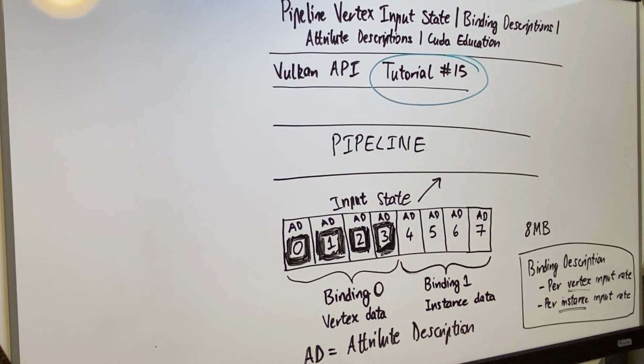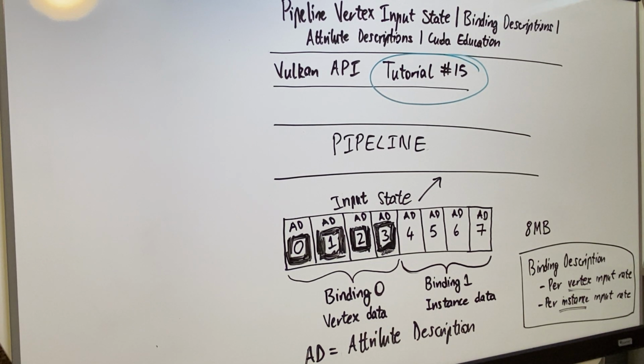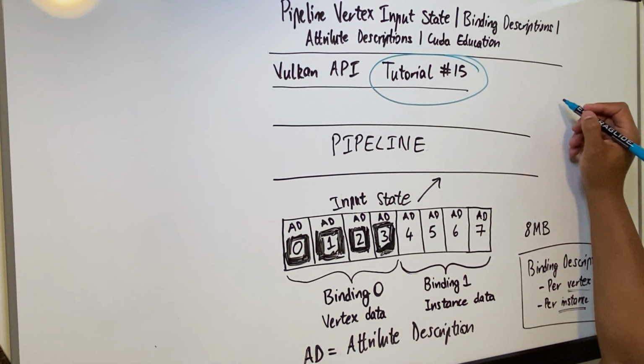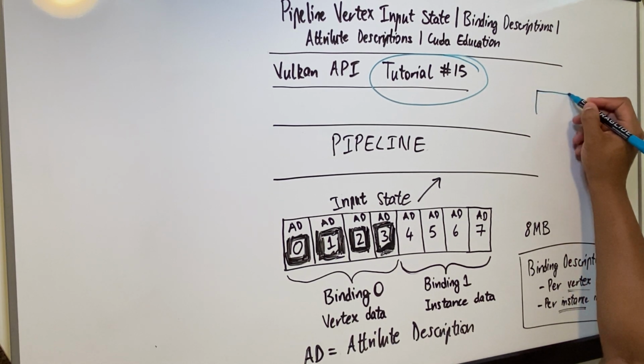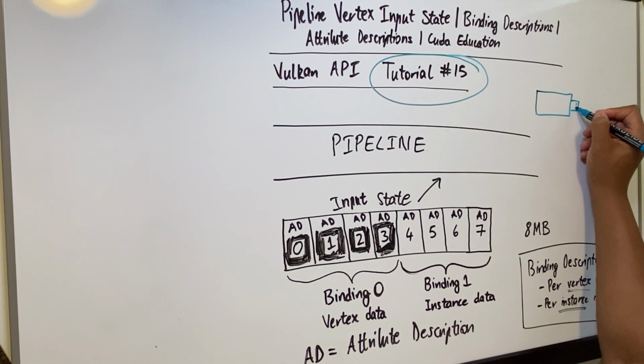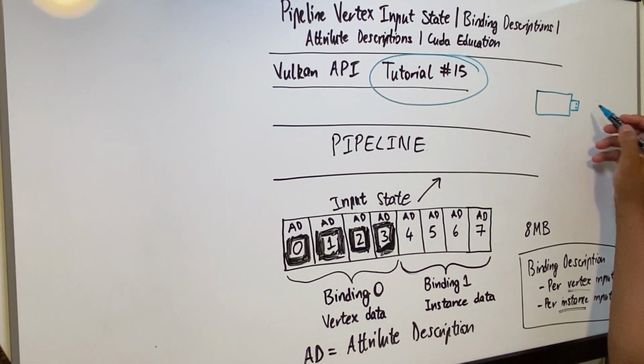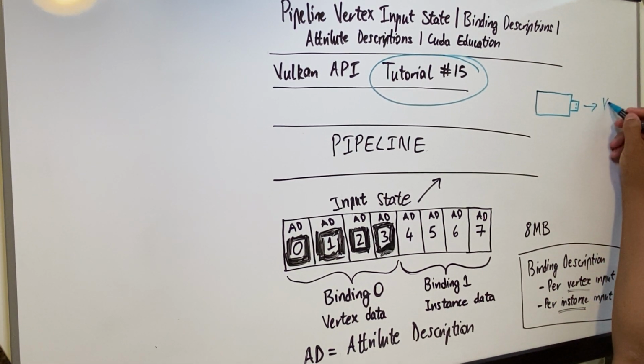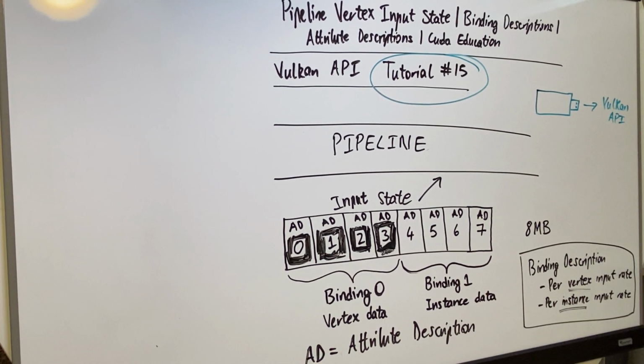Okay, so for example, let's say you gave the Vulkan API a USB stick, right? And you just gave it to the Vulkan API. All right? So you just hand over a USB stick to the Vulkan API.